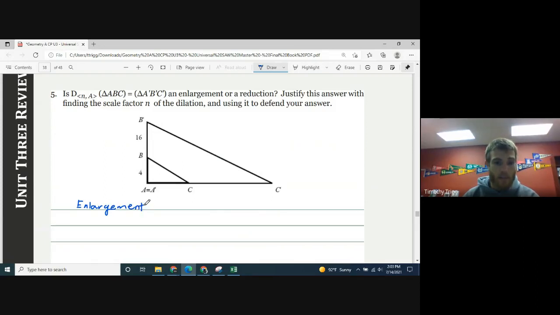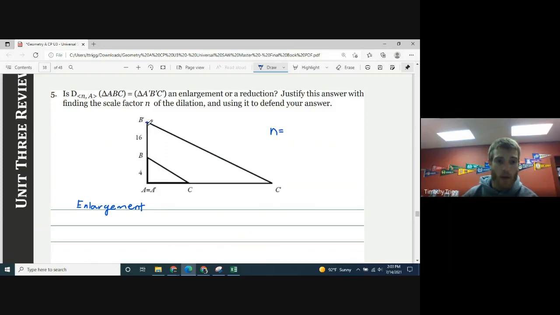Now it also asks us to find the scale factor. So the way we find our scale factor, n, we look at the length from the image, the new one, divided by the corresponding length from the pre-image. So in our case, what's the length for this right here from the image?